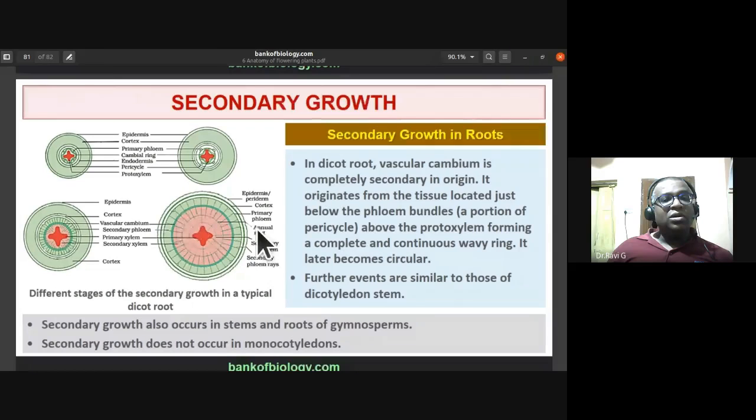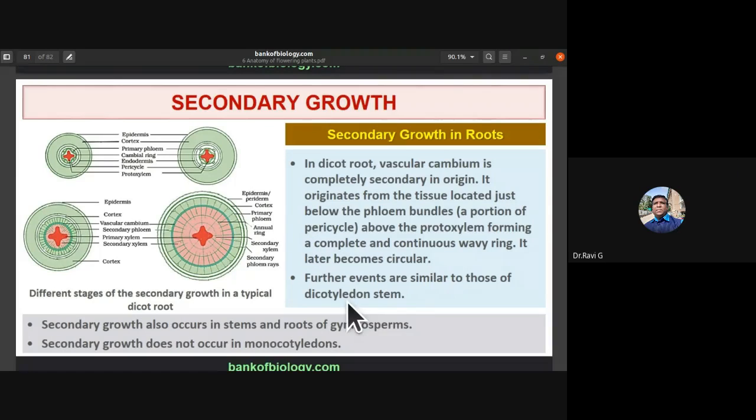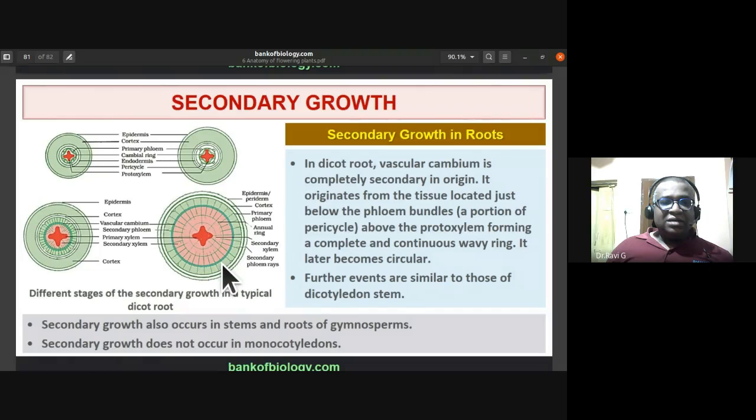So similar to the secondary growth in dicotyledonous stem, even here you notice the secondary growth happening in the roots. The only thing is the vascular cambium arises from the pericycle, and it is completely secondary in origin, unlike in the dicotyledonous stem, where it was partially primary and partially secondary in origin.